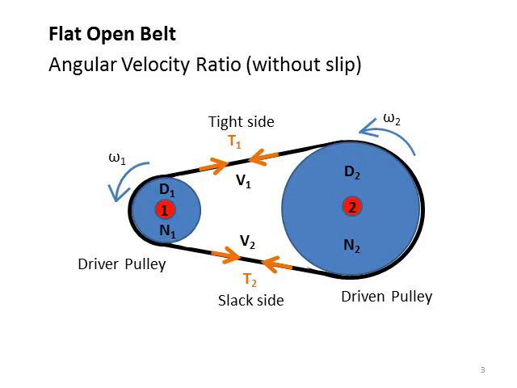The very first task for the flat open belt arrangement is to find the angular velocity ratio, and this angular velocity ratio is for the condition without slip. We have two shafts, shaft number 1 and shaft number 2.